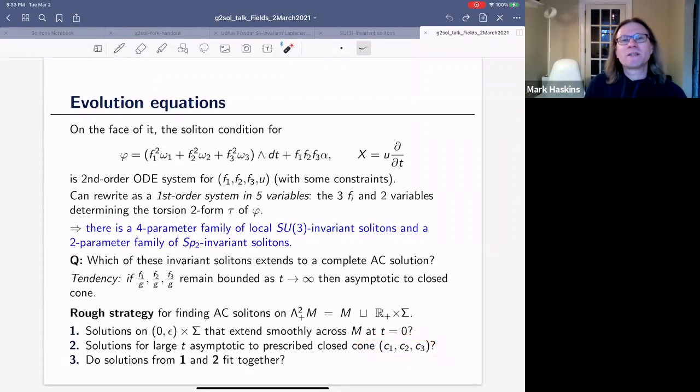The problem at infinity has a slightly different nature, and the answer depends on whether you're steady, shrinking, or expanding. And then the most subtle part is understanding the connection between geometry at one end and geometry at the other end.